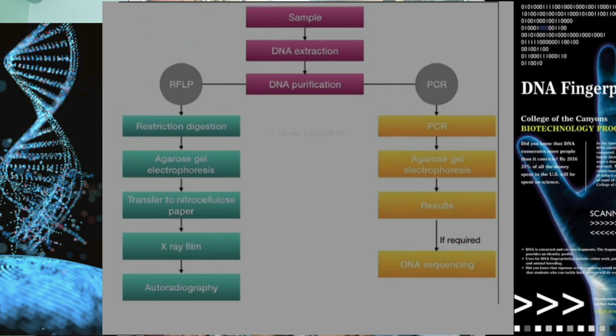At this point, we shall go over a few key concepts. Number one is DNA polymorphism. The presence of two or more variant forms of specific DNA sequences that can occur among different individuals or populations.